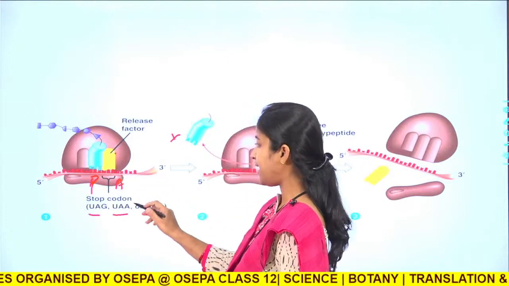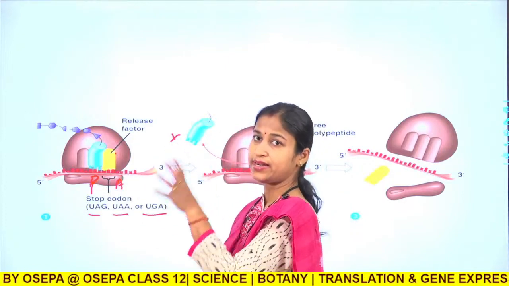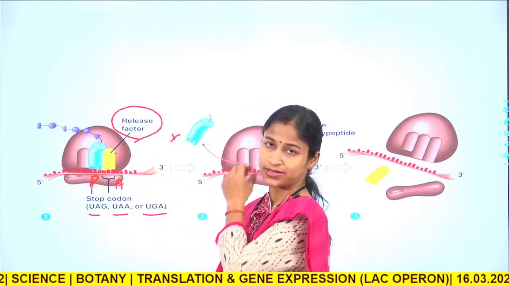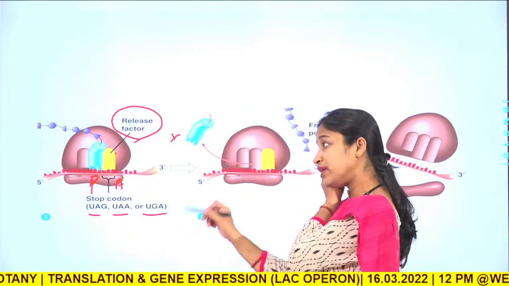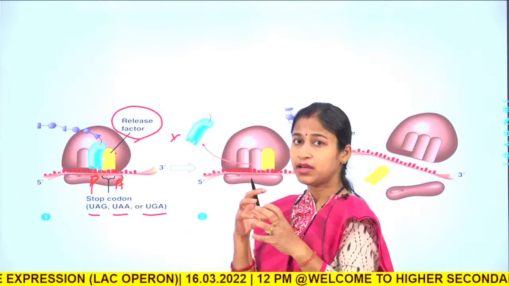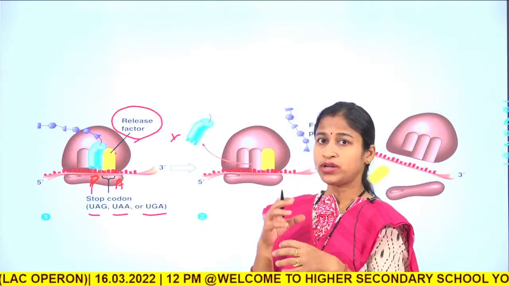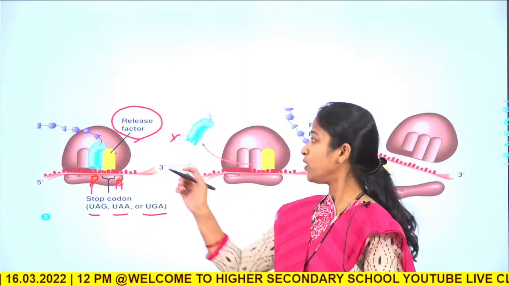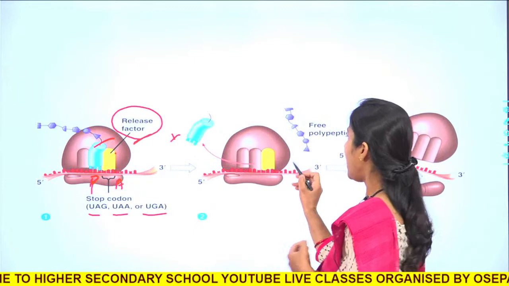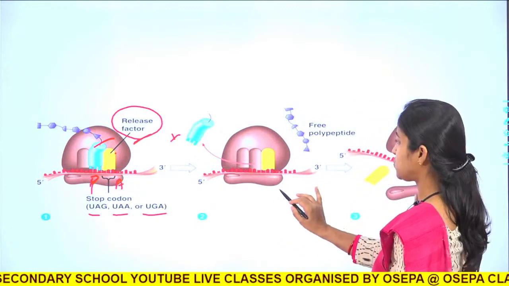The A site, as it does not have any tRNA, is recognized and occupied by the releasing factor. The release factor occupies the stop codon site, and the hydrolysis of the peptidyl group is done by the releasing factor, and you see everything is dissociated.